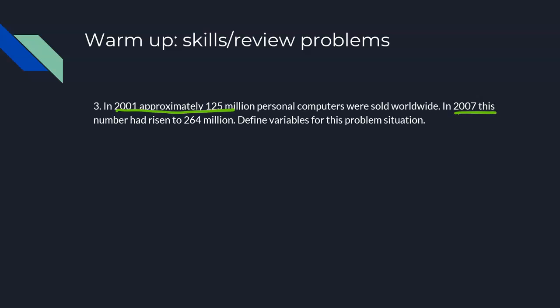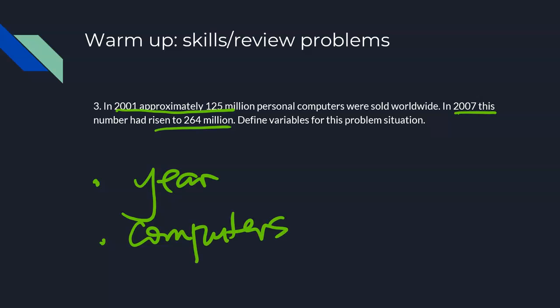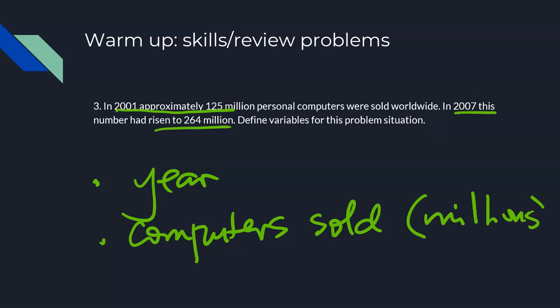In 2007, it increased to 264 million computers. So we can say that our variables are the year, starting in 2001, and computers sold worldwide, that is in millions.